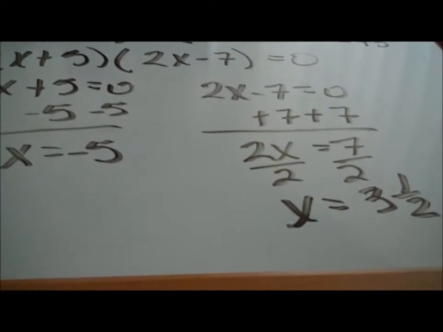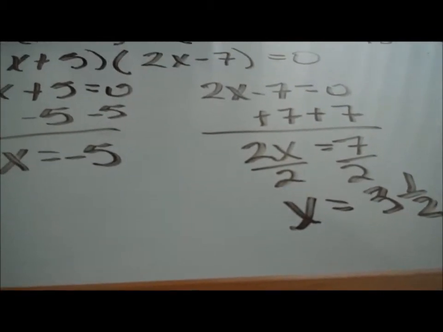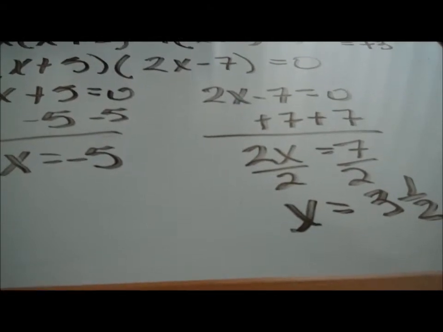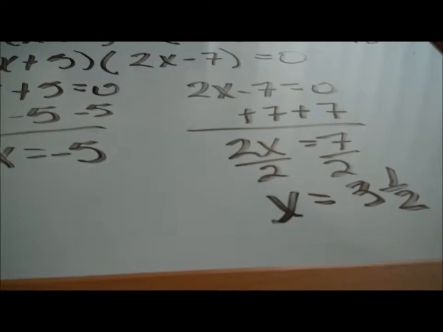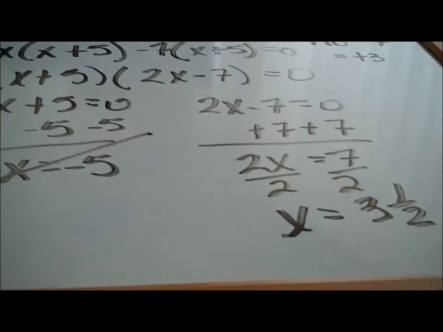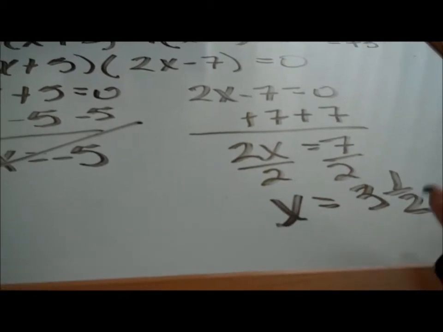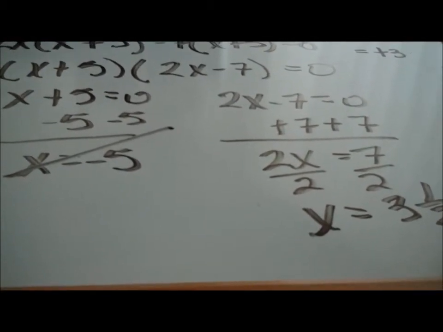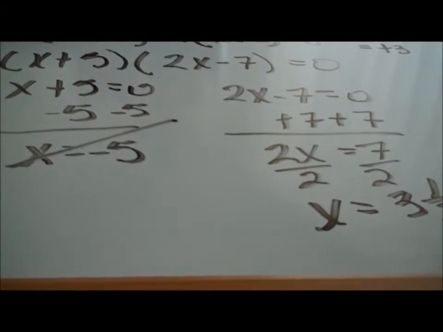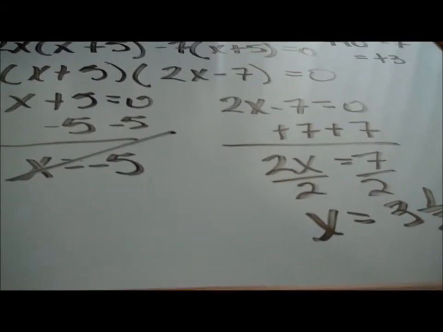So I have to ask myself, this is a word problem based on a triangle, and is it possible for sides to be negative? And the answer is no. So again, we cannot use that x equals a negative 5. We have to use the 3.5. So that means that this x is our base.